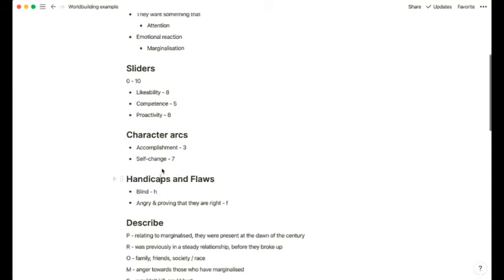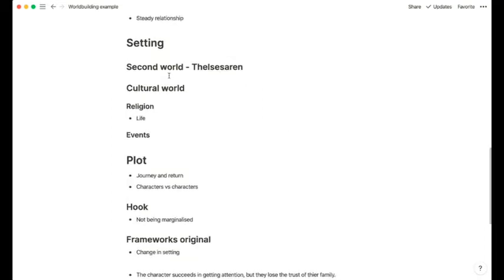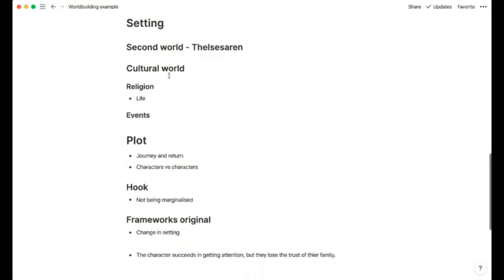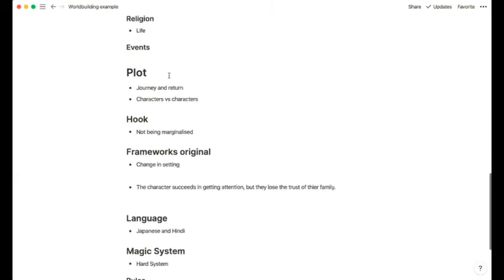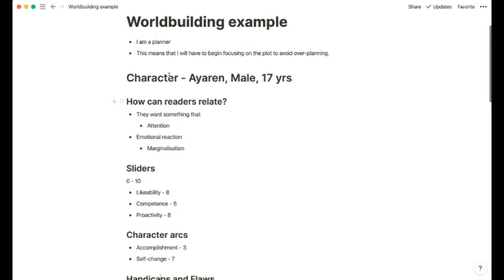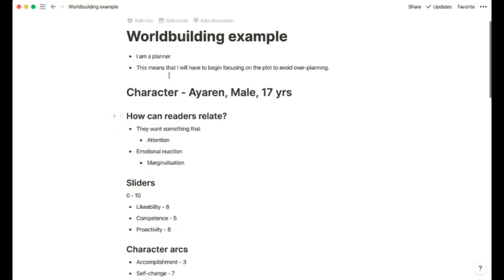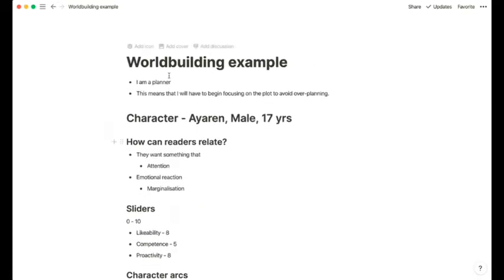Right now, we're just talking about the basic idea of getting the main character, the main setting, and the very, very basic idea of a plot, language, and magic system. That concludes this session. If you have any questions, feel free to unmute yourself now.